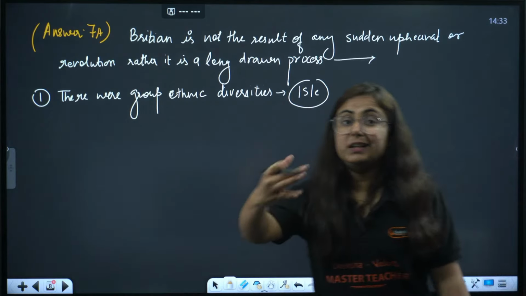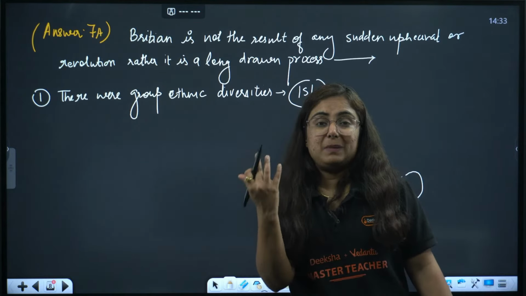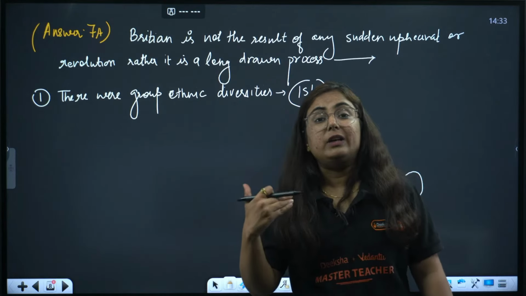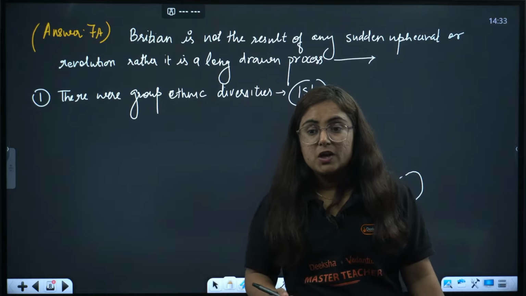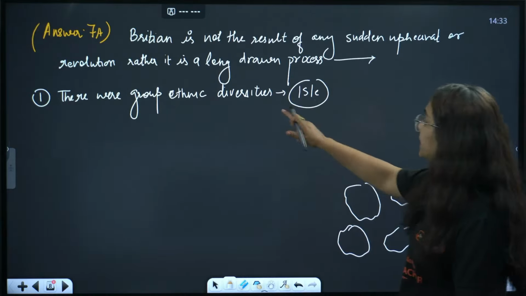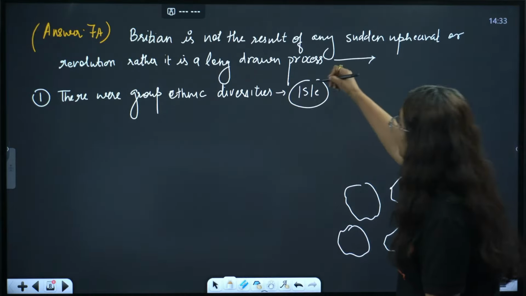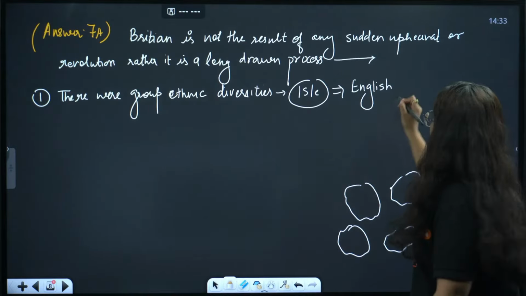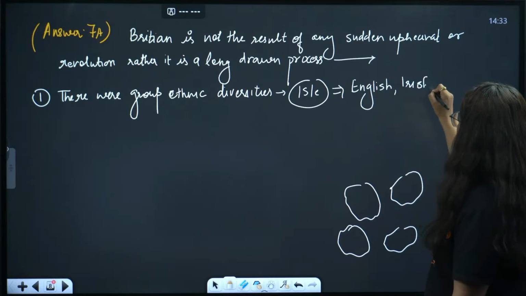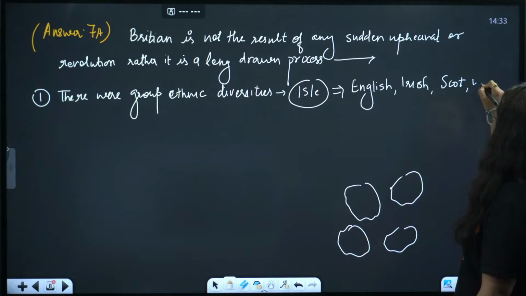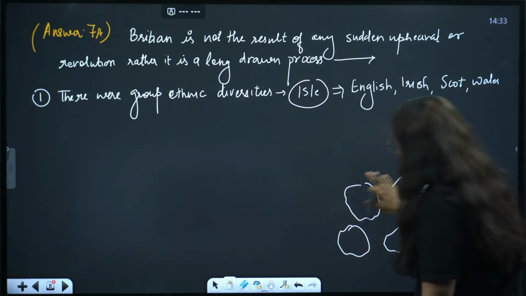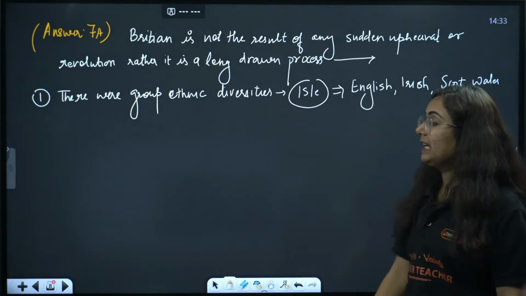Different ethnic groups means people speaking different languages, having different cultures, were living here. They included the people who speak the English language, the Irish, the Scots as well as the Welsh. So there are 4 groups of different ethnic diversities.